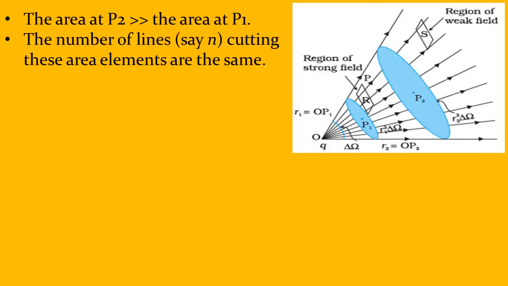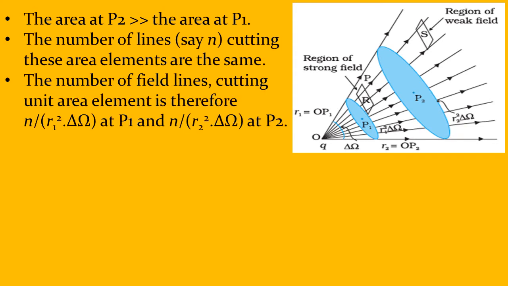Now we know that the area at P2 is much bigger than the area at P1. But the number of lines passing through both of them is the same. Let us say n number of lines are passing through both P1 and P2.